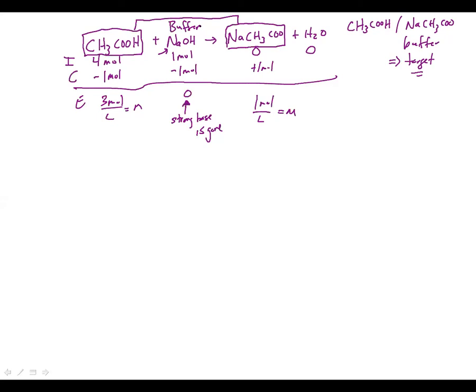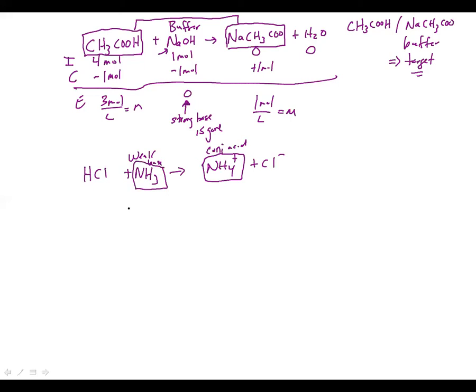And that could generate a buffer, kind of like the titration curve we did, the last one, where we took HCl plus some ammonia, which will give you NH4+ and Cl-. This is a weak base and its conjugate acid. And this also would generate a buffer.